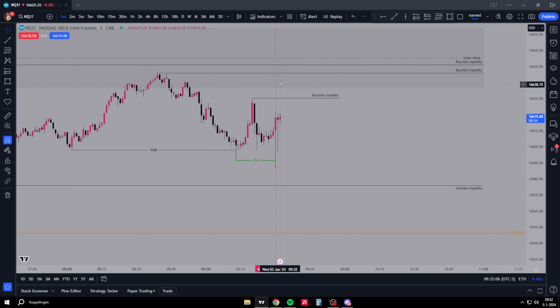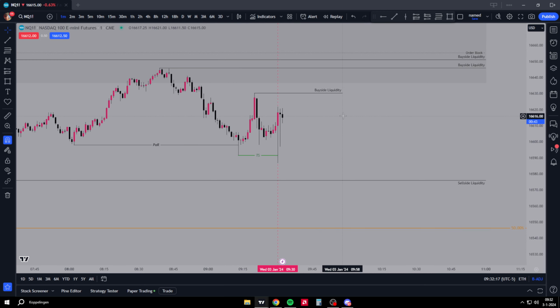I want to see us go through buy side. It's just marked out, but I want to see us go through here, and then through here, stop here, or stop here. I don't know. But I don't want to see us go lower than this because I want to see a Judas swing.